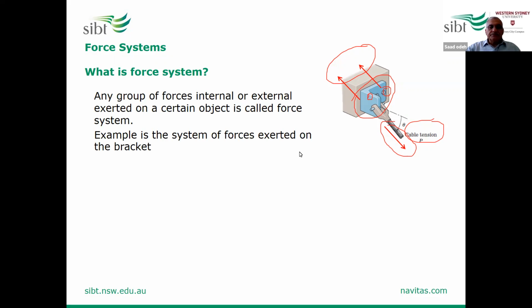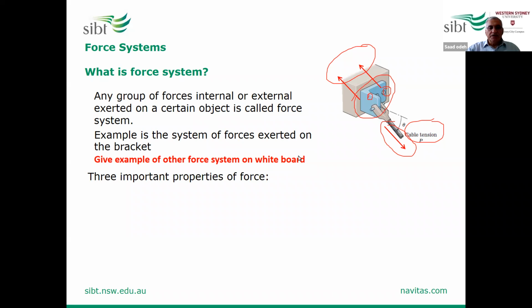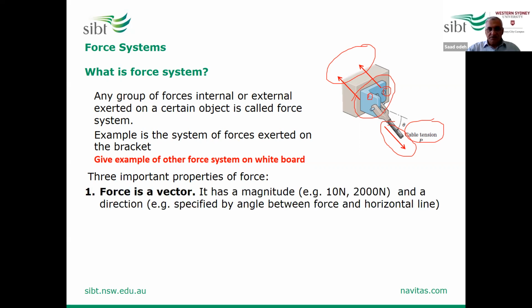Now, we will give you an example very soon about the force system and how to analyze it. But what I need to mention here are 3 important properties of force. The force is a vector. So when we say a vector, we expect that we have a magnitude. This is the first thing.